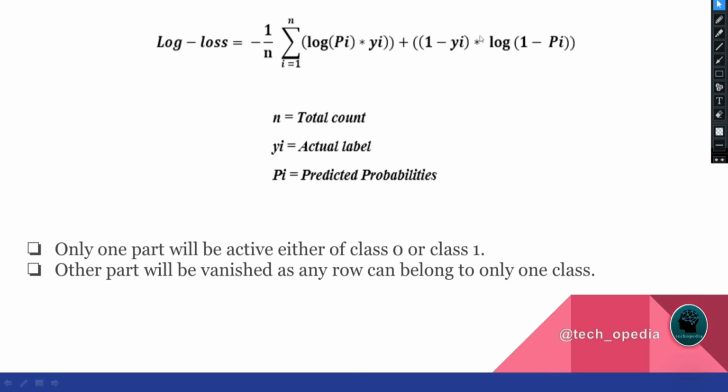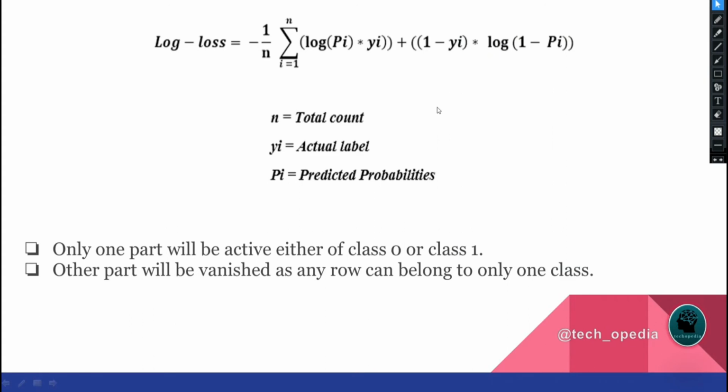So this whole part will vanish in case of class 1. In case of class 0, this part vanishes, as y_i is the actual label and y_i is 0 and anything multiplied by 0 will give us 0. So this part vanishes in class label 0.